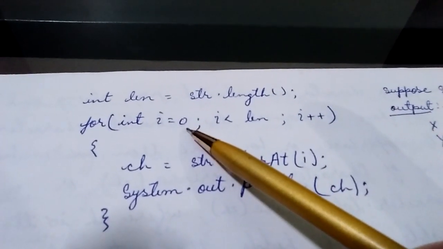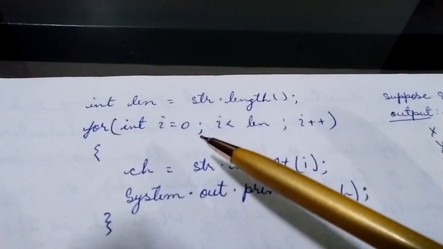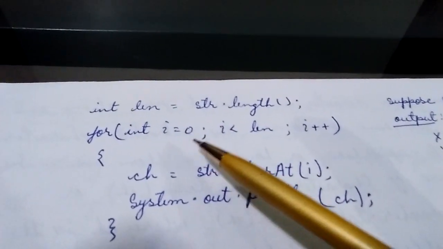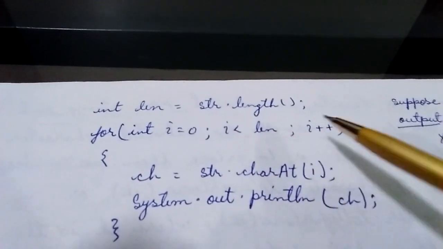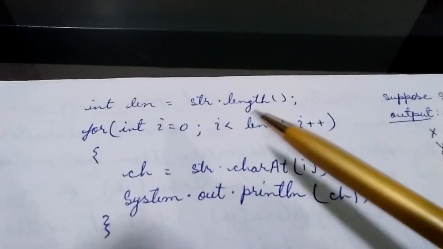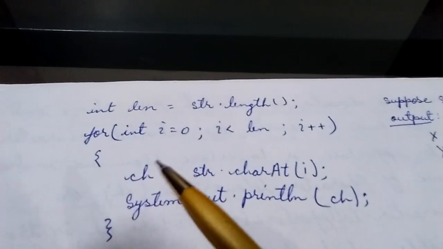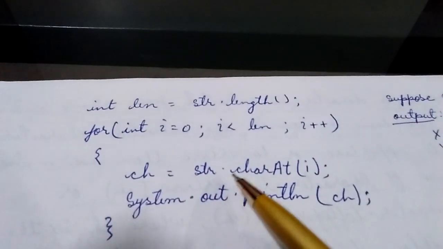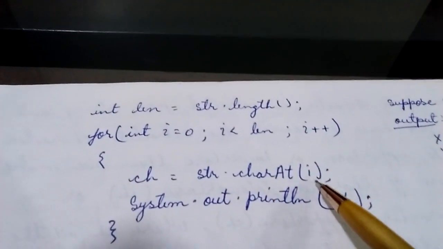If we write 1 here, then the first character we will drop. So it is important to start with 0. i is less than len, i plus plus. So character by character we are moving. And to extract, we are writing ch equals to str.charAt(i).